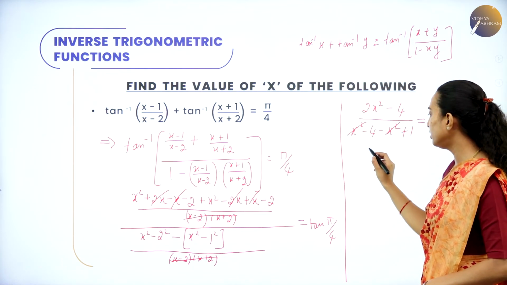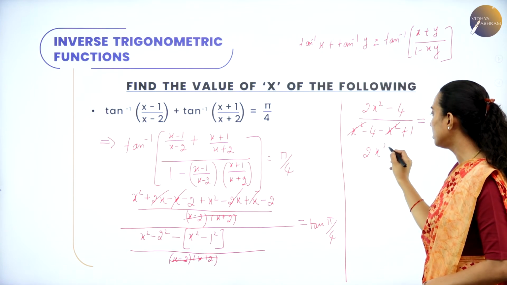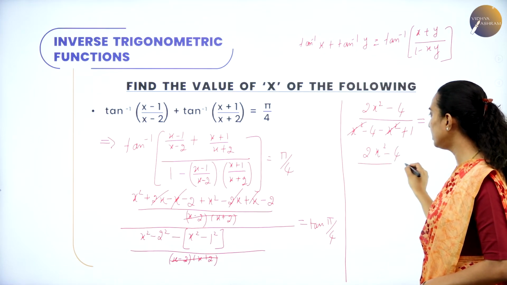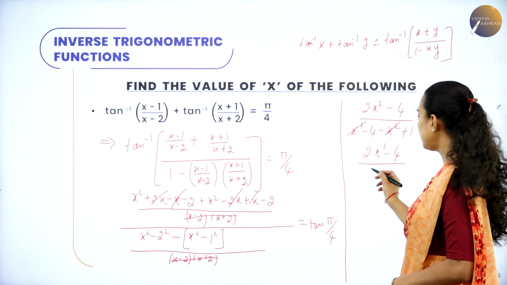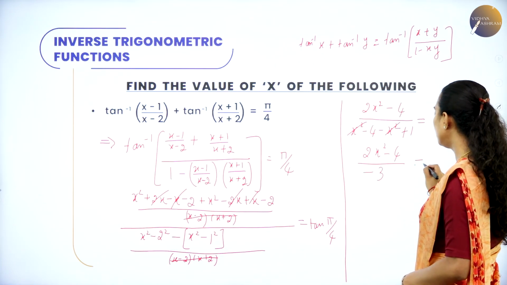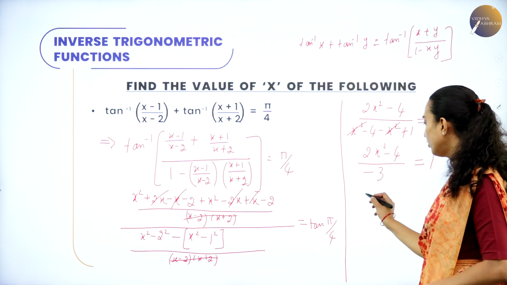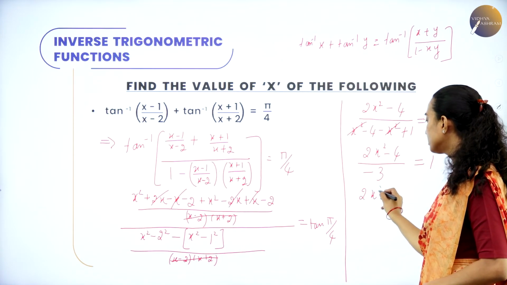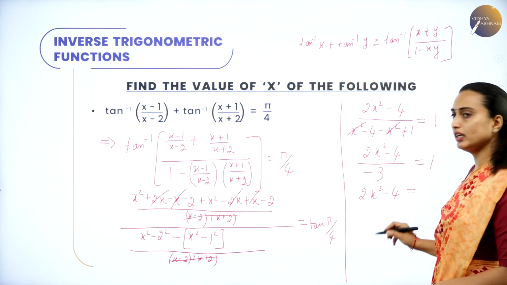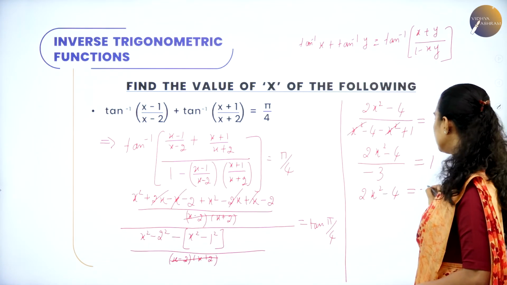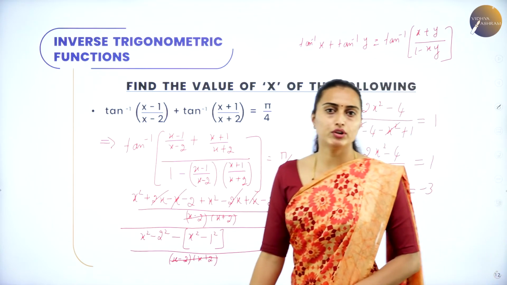So therefore you are going to remain with 2x squared minus 4 divided by minus 4 plus 1. What is minus 4 plus 1? It is minus 3, is equal to 1. Correct? So therefore 2x squared minus 4 is equal to minus 3 into 1, shift to the right hand side, minus 3. Correct? So therefore what you are going to have?